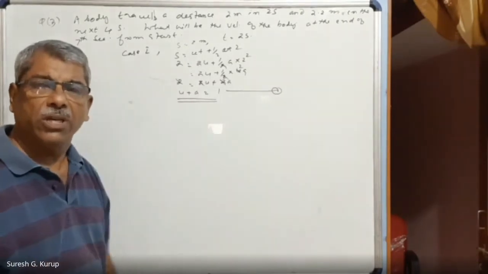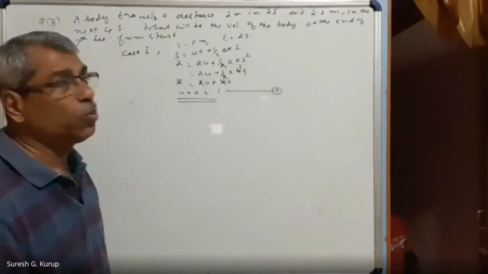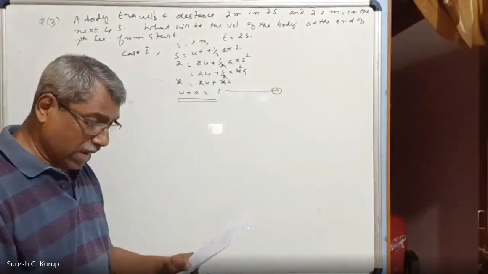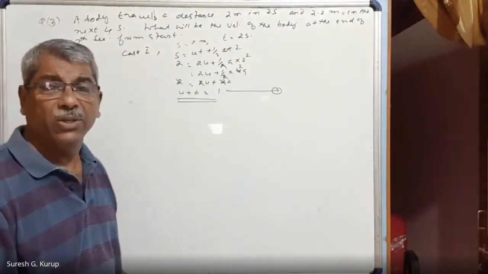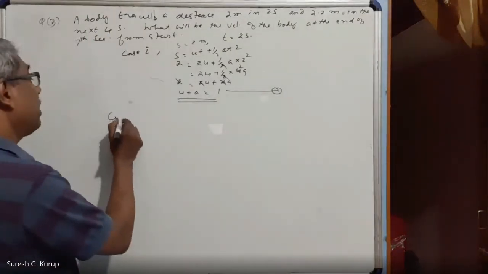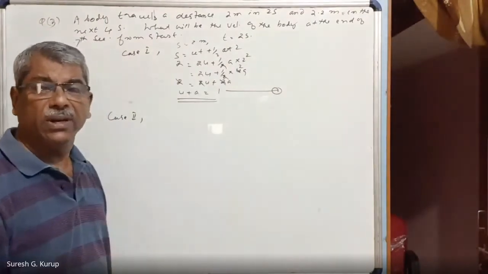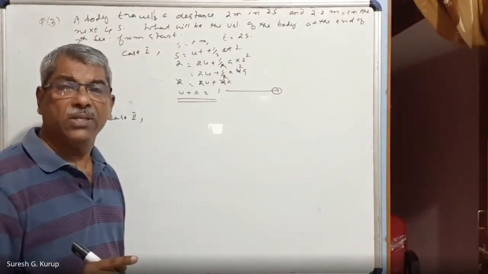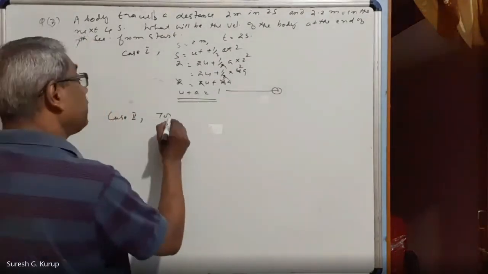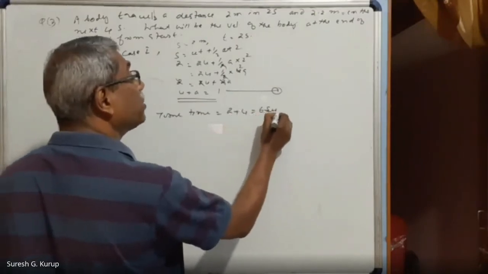Second condition is very special. In the first 2 seconds, the body travels 2 meters. In the next 4 seconds, it travels 2.2 meters. So the total time from the start is, for case 2, both the times added together: 2 plus 4 is equal to 6 seconds.